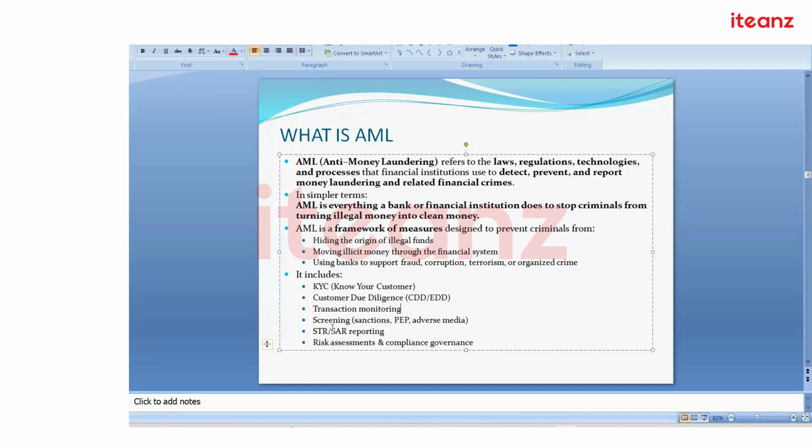So it will be checked both ways. If everything is clean, only then the transaction will be completed. Understood? Yes, sir. This is called transaction screening.